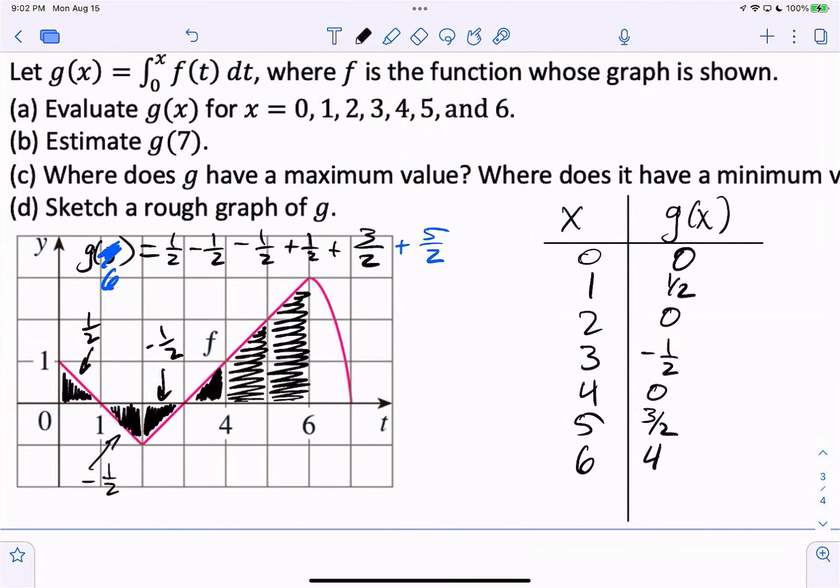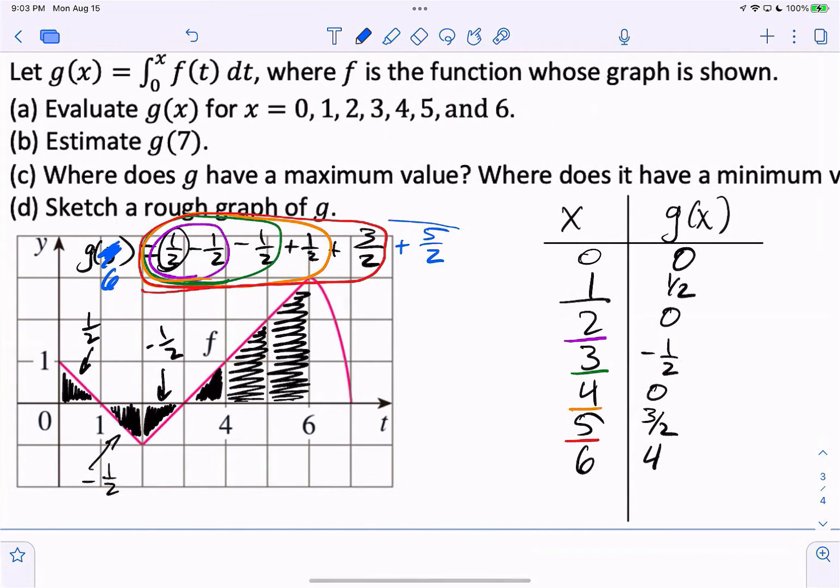So to recap, 1/2 was the answer for g of 1. 0 is the answer for g of 2. Negative 1/2 is the answer for g of 3. 0 is the answer for g of 4. 3/2, the sum of all that up to there, is the answer for g of 5. And then 8/2, or 4, is the answer for g of 6.